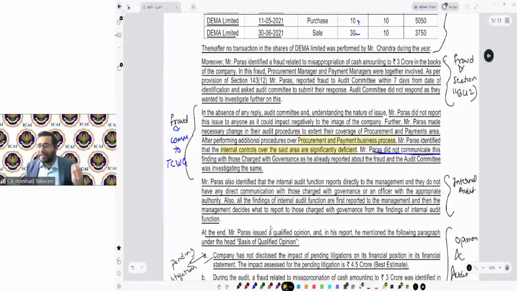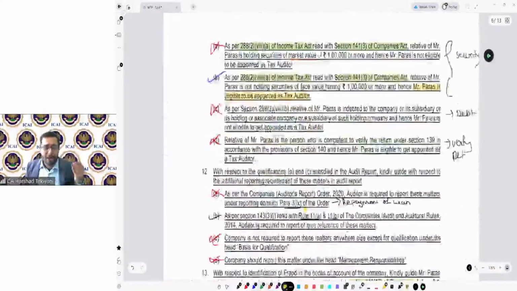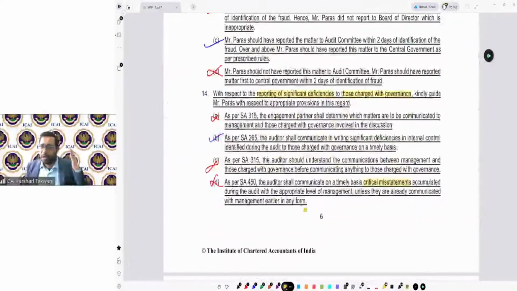So there was a significant deficiency in internal control which Mr. Paras did not communicate to those charged with governance. Accordingly, I can identify that this is related to the question, this is related to the information, and this should be the correct answer. So the correct option is B.